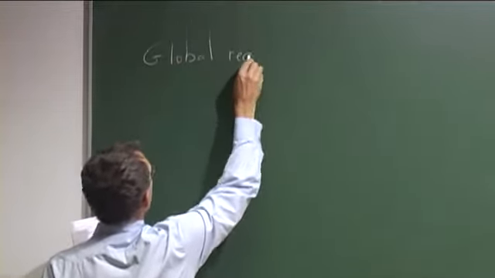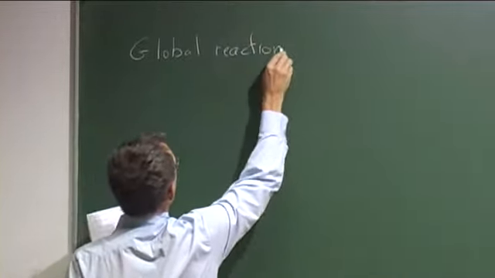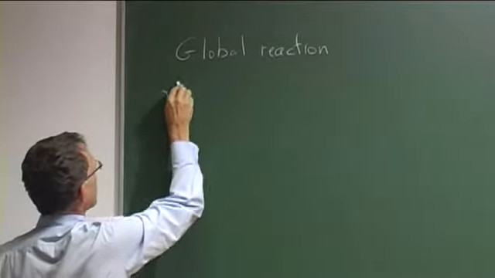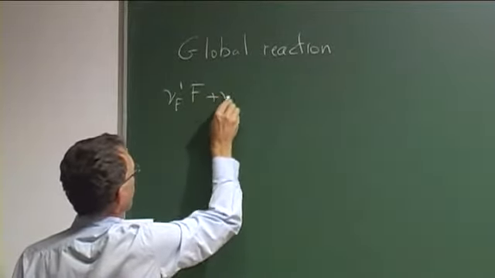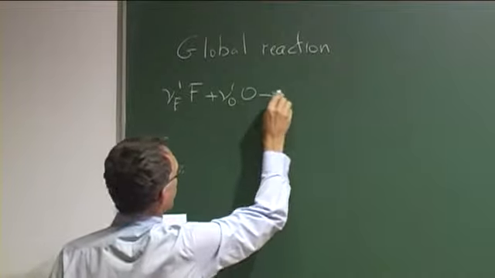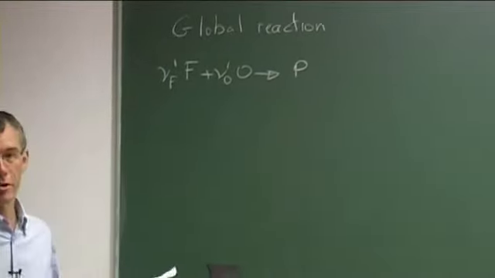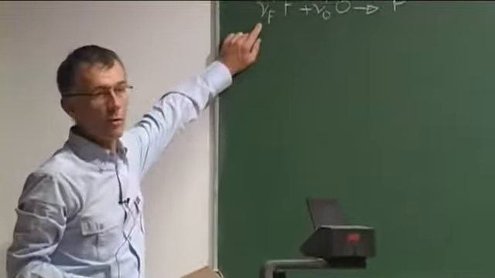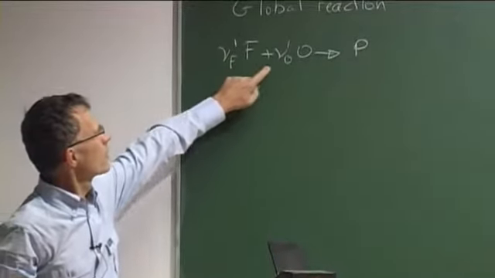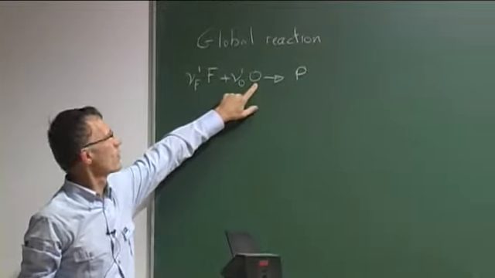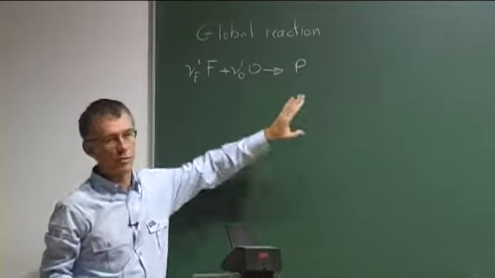Let's begin by the first simple notions that you need to understand about combustion, which is the global reaction, which we're going to write like this. In general, in combustion, you take nu prime F moles of fuel, you mix them with nu prime O moles of oxygen, they burn and they give you products.